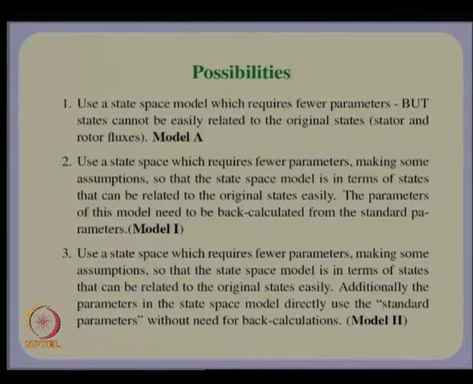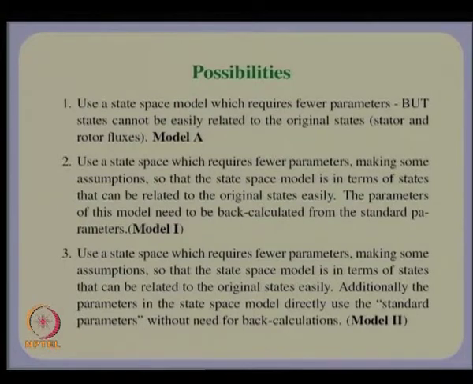But what I showed you just now is model A, which requires fewer parameters, but the states in model A cannot be directly related to the original stator and rotor fluxes. In fact, I must make a small correction here. The stator fluxes psi q and psi d are retained in the model, but the rotor fluxes are not retained in model A.